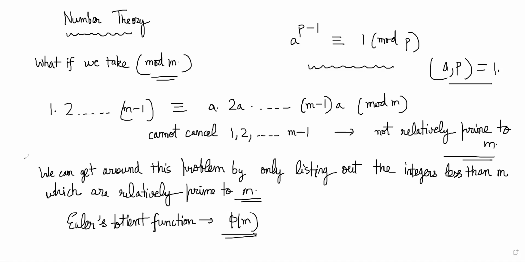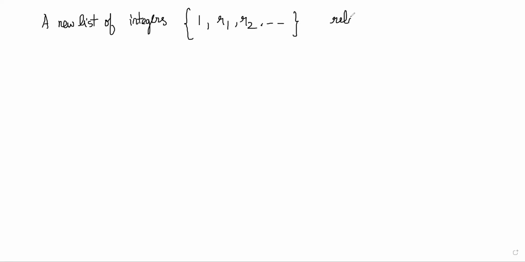So what do we do now? We are creating a new list of integers. Let's call it 1, r1, r2, and so on, which are relatively prime to m.